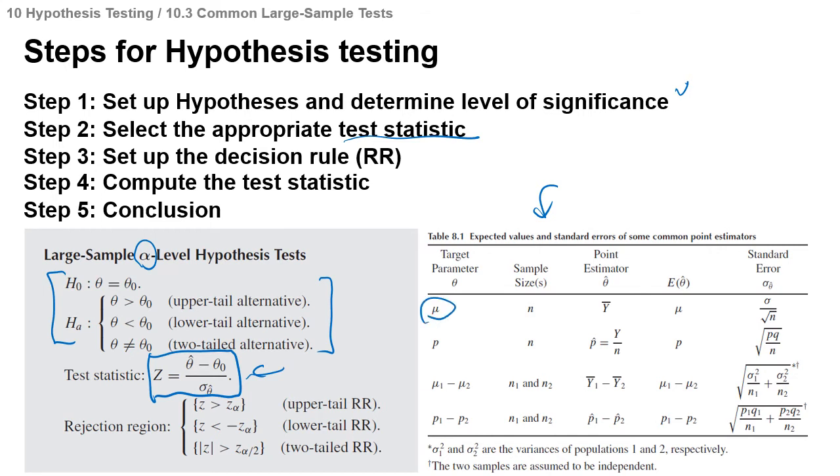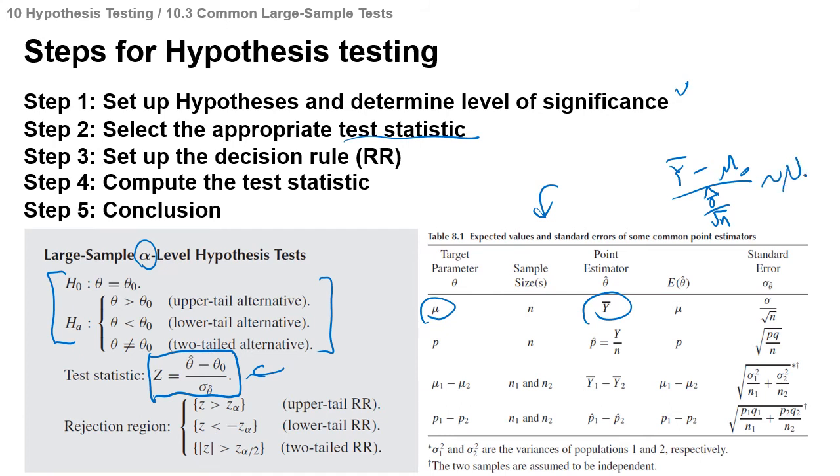For a one sample population parameter, usually you will get the point estimate y bar. So if we take y bar, then y bar minus mu 0 divided by the standard error, which is sigma over square root of n, and for a larger sample size you put the sigma estimate here and approximate it using the normal.